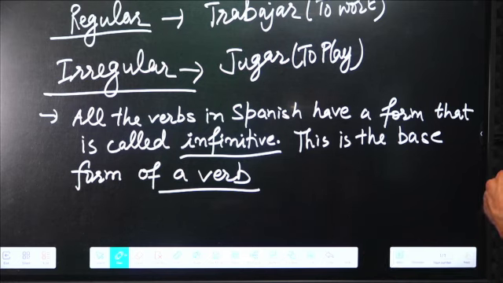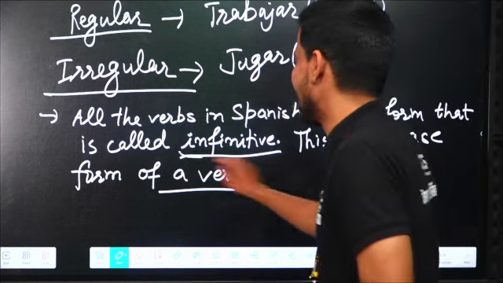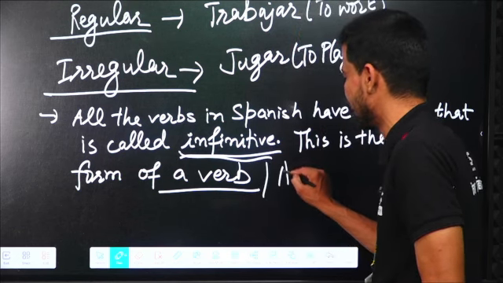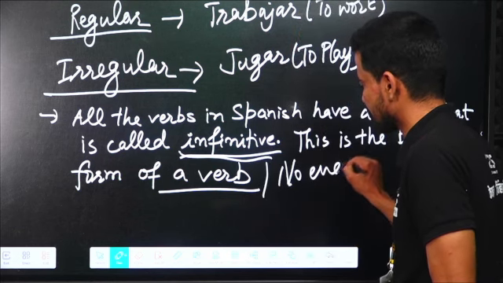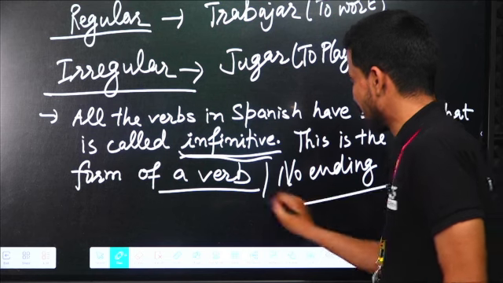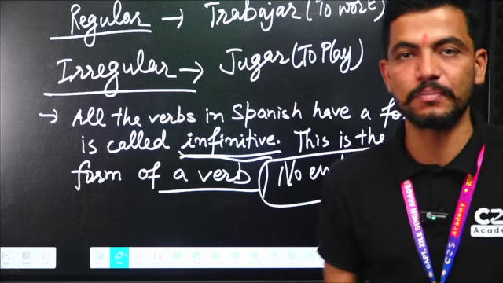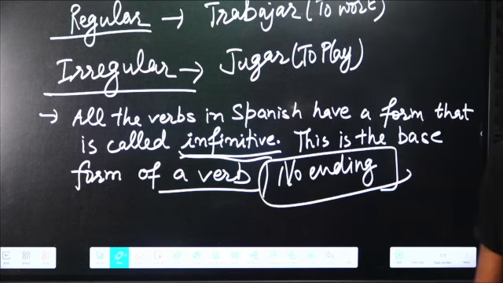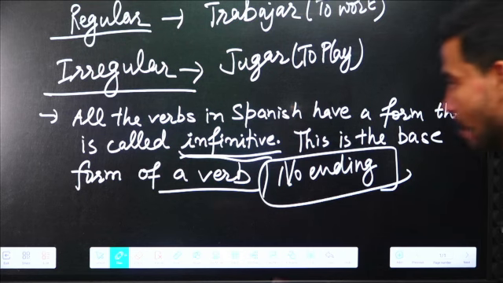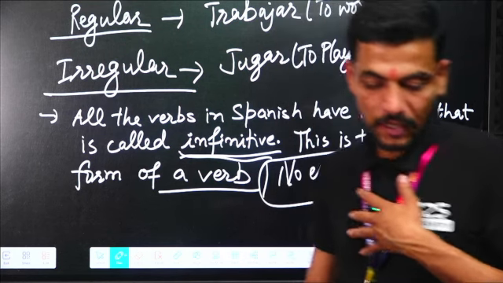For example, walk, see. It means that infinitive hasn't any ending, means no ending. In simple words, what does infinitive mean? That it hasn't any ending, means no ending.